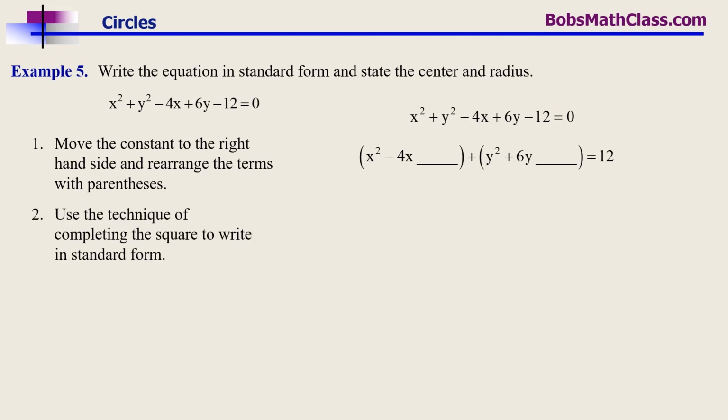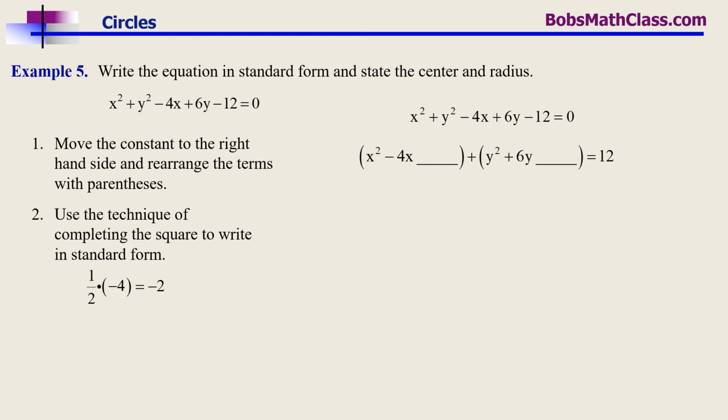Okay, now completing the square. Remember the process? You take 1/2 of the x term, and then you square it, right? So in this first problem, first trinomial, 1/2 times -4, what's 1/2 times -4? Right, -2.